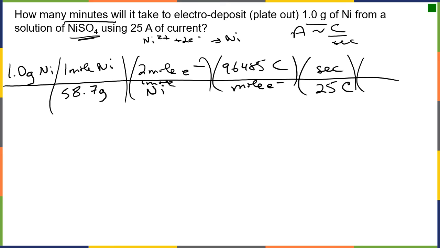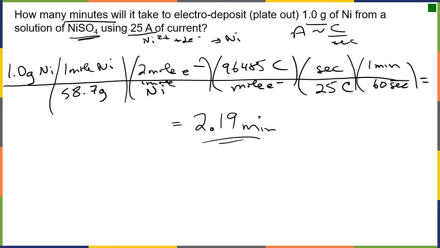They want to know minutes. So we know that there's 1 minute for every 60 seconds. So we work the math out, cross out our units, and realize that we're going to have 2.19 minutes of time with an amperage of 25 amps. We'll plate out 1.0 grams of nickel from a solution of nickel sulfate.